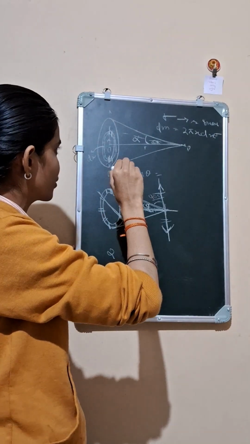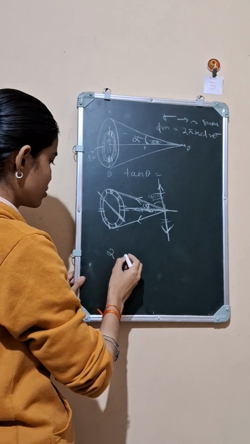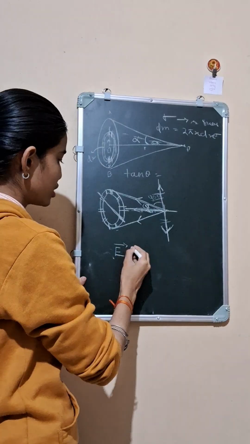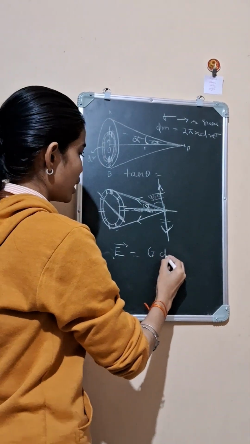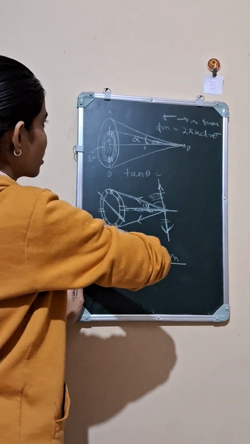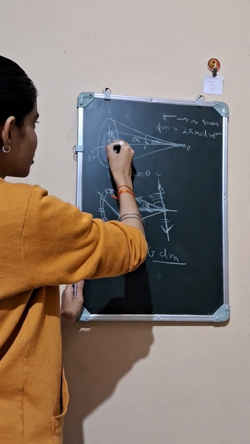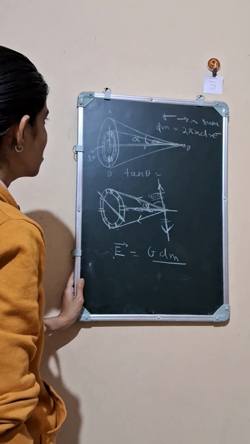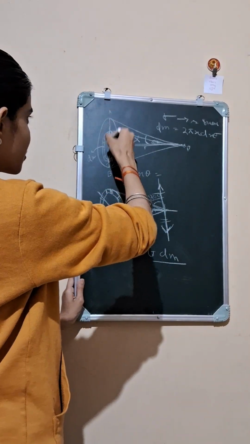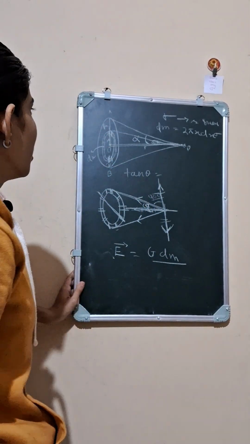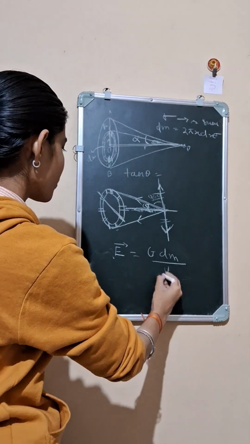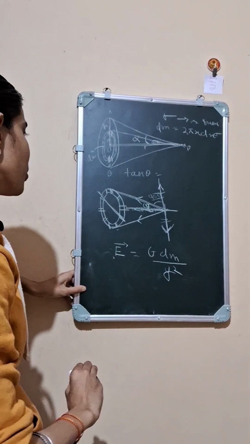And now we are going to calculate the potential. Field will be equal to G dm by r square. Here the distance is CP, and let the radius of this disc be capital R. Now let us suppose the distance to be y, so the field is G dm by y square.